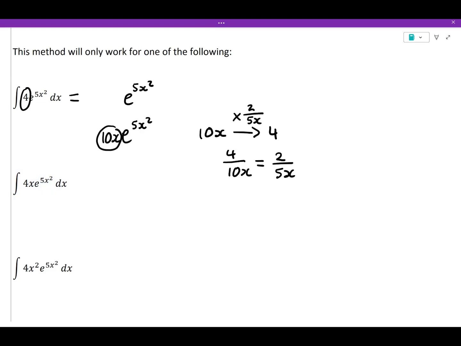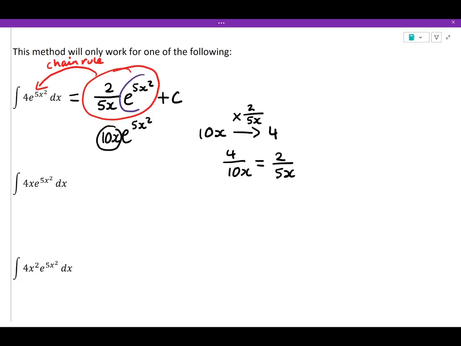So I'm going to put the 2 over 5x in my final answer like this, and then we're going to write plus c. Now let's consider whether this makes sense. Because if this answer is correct, I'd be able to differentiate this part here using the chain rule of differentiation and get back to the initial question. However, if we look at what we've ended up with here, we have a function of x, e to the power of 5x squared, multiplying by another function of x, 2 over 5x.